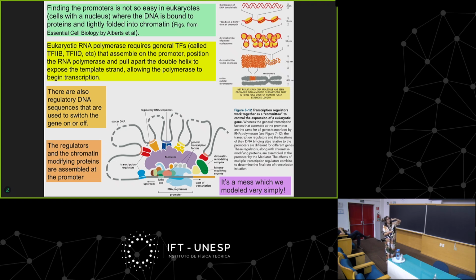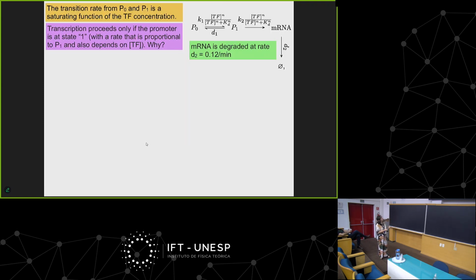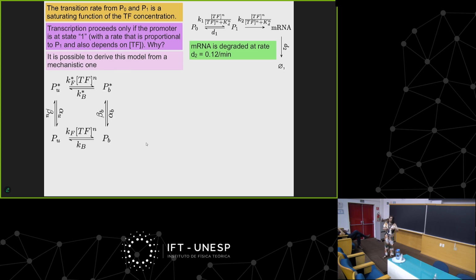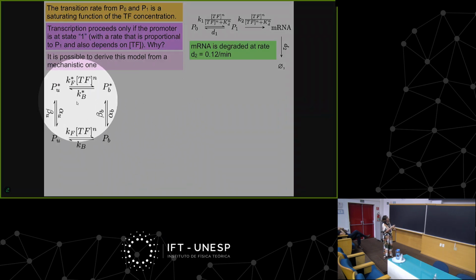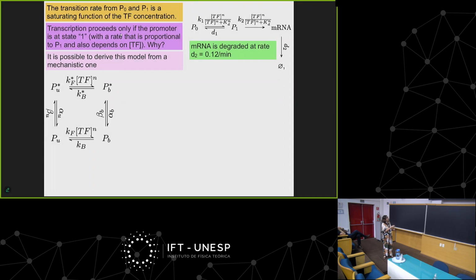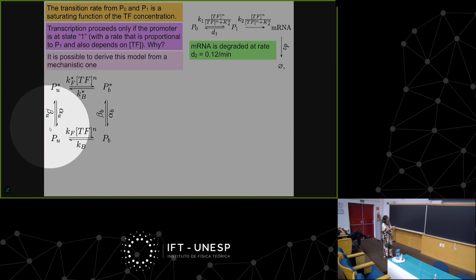And the way in which you can understand that model, which was actually obtained from fitting originally, is simple. This was the model. You have two types of transitions in this model. One type of transition depends on the transcription factor that you are interested in. You bind N molecules of your transcription factor from this state of the promoter to this state, and then you unbind with this rate KB star. But the promoter can be in two types of states before binding or unbinding the transcription factor, the ones that don't have the asterisk. You have the same type of transitions here, with the transcription factor binding and unbinding N molecules.